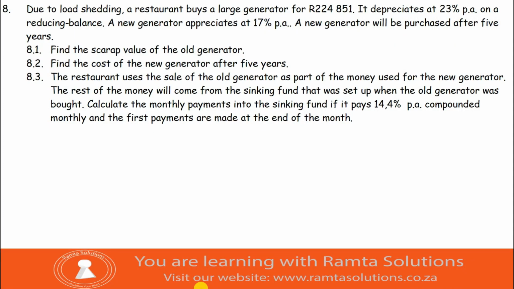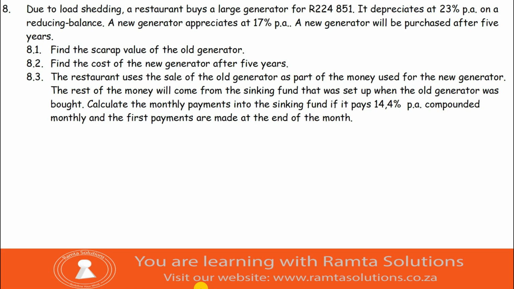Now, looking at question 8, it says, due to load shedding, it's a coincidence that when I was about to do this question, load shedding struck. So due to load shedding, a restaurant buys a large generator for 224,851 rands.